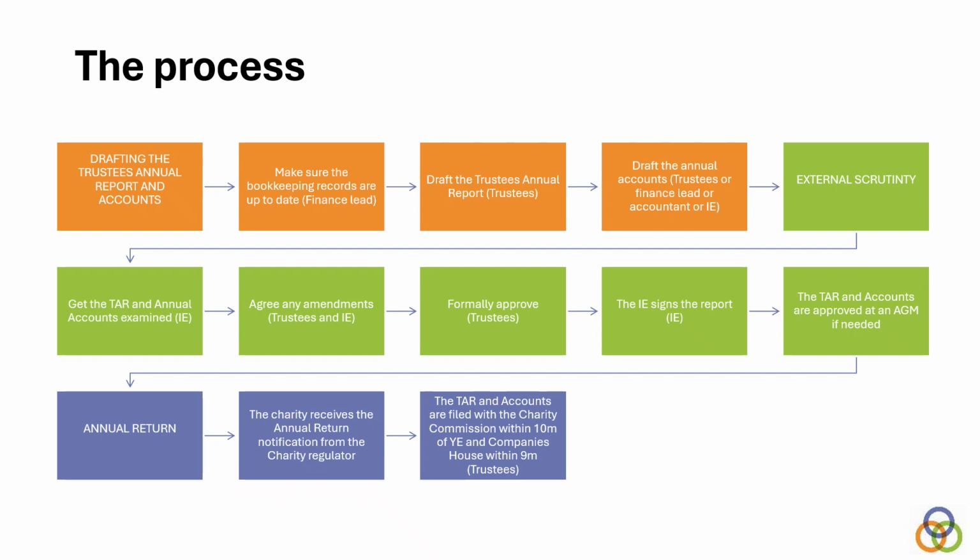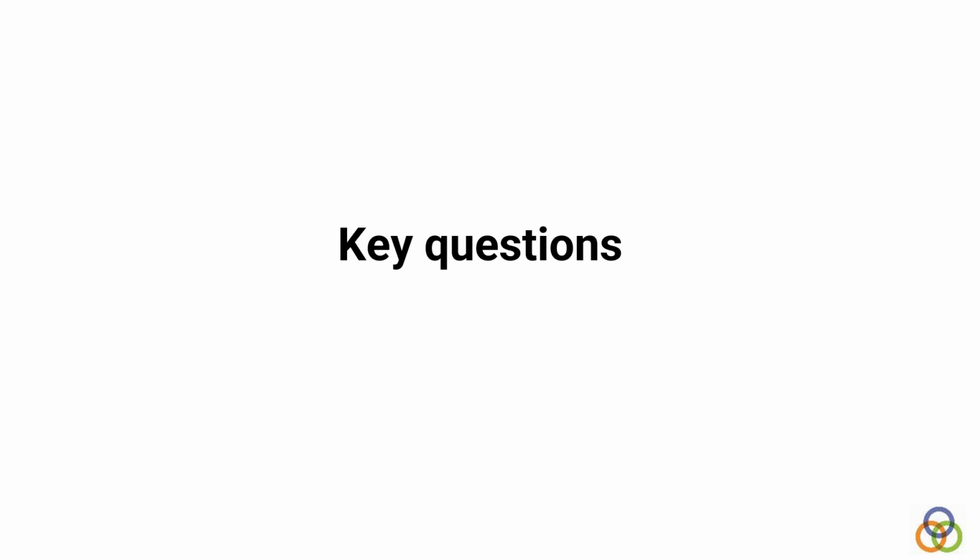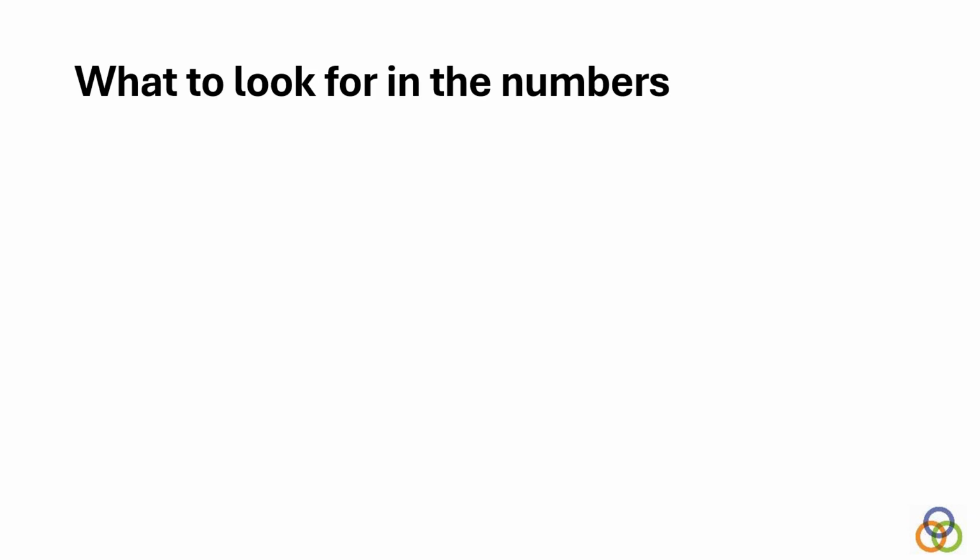The independent examiner then approves and signs a report. And then the accounts are approved at an AGM if you have one. And then you file the annual accounts with the trustees' annual report in the Charity Commission when you do the annual return. And it's a 10 months deadline for Charity Commission and 9 months for Companies House. Try and get the process wrinkle-free.